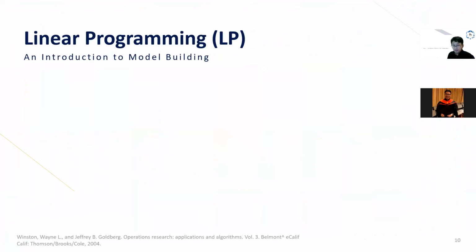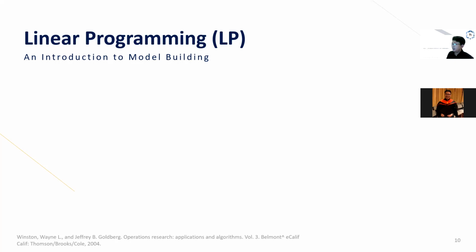In that video, they mentioned linear programming as one of the tools that can be used in OR, and basically it's the foundation of the optimization tools that we are going to discuss in this course.